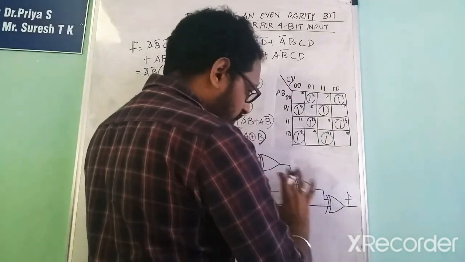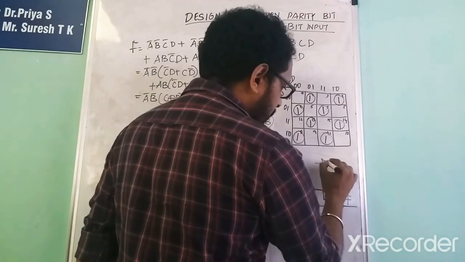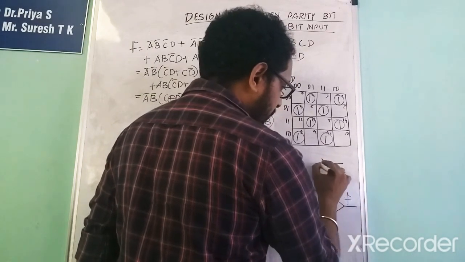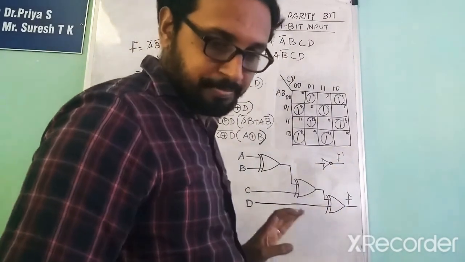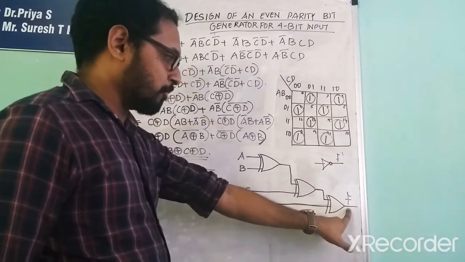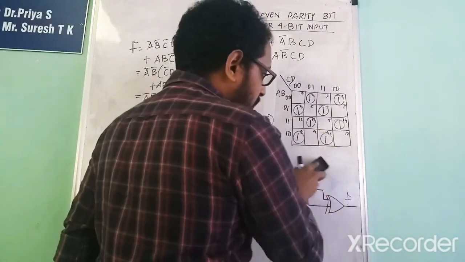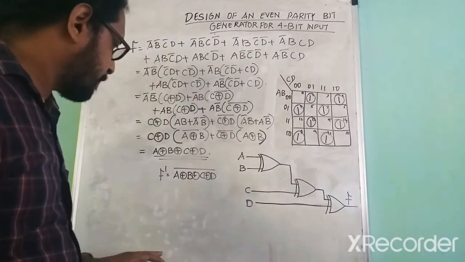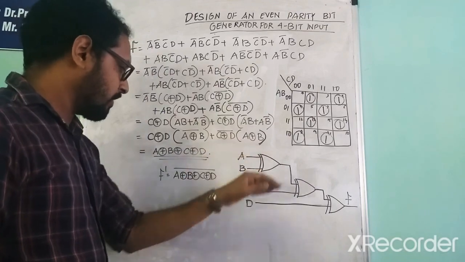So we construct this figure as such, and here we need to give a NOT gate and mark this as f dash. That's it. In this position there will be 3 XOR gates and a NOT, and this is the expression A XOR B XOR C XOR D, the whole bar.